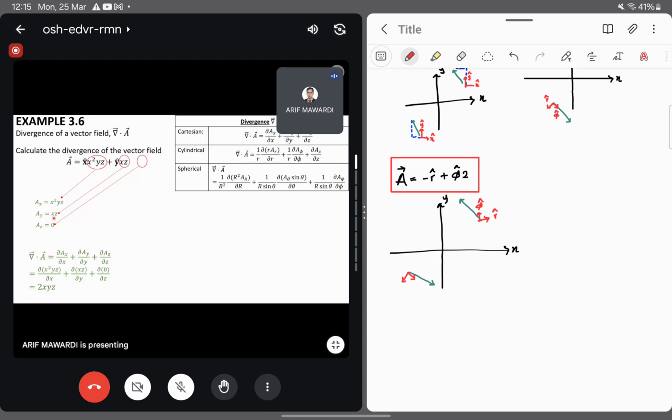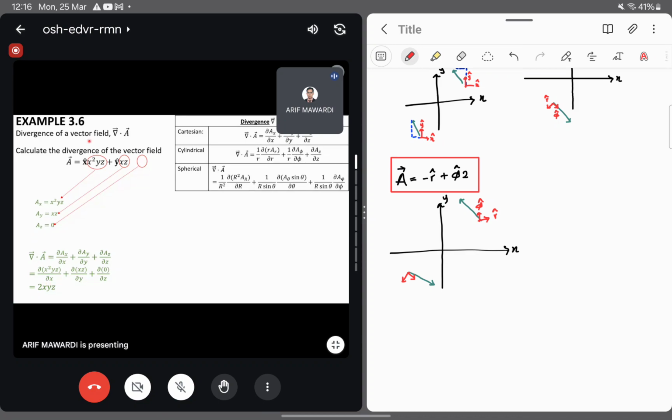Again, I will not explain how to do this now; I will make a separate video explaining it. But for now, you should notice that when you calculate the divergence of a vector field, you will get a scalar field, which is the opposite of the gradient. For the gradient, you calculate the gradient of a scalar field and you get a vector field.